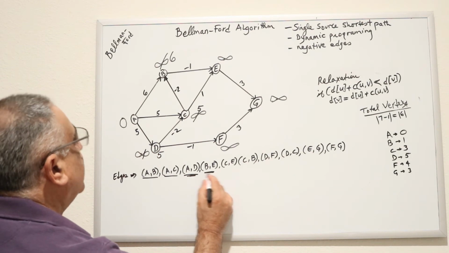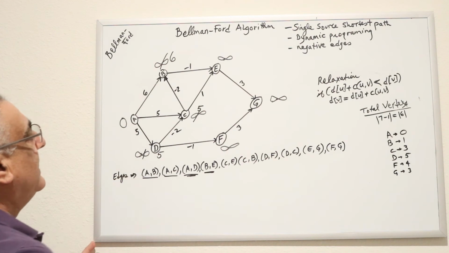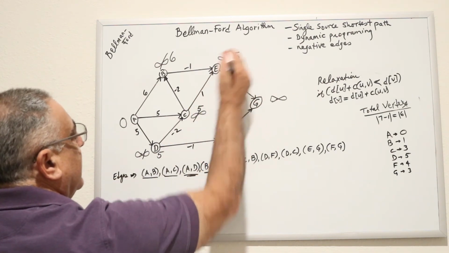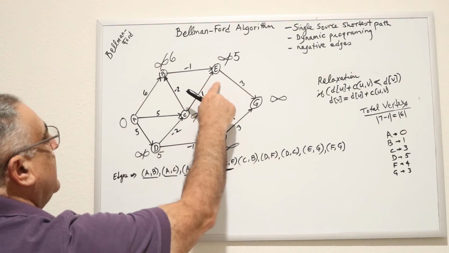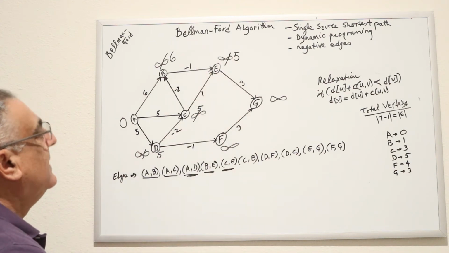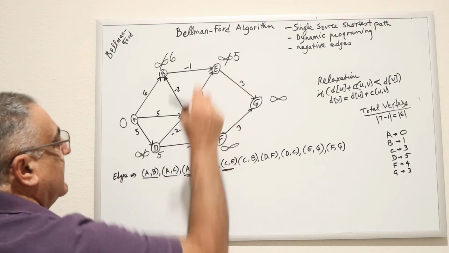Now, how about B to E? Well, B is 6 plus negative 1, so it's 5, which is less than infinity. How about C to E? I get 5 plus 1, 6. Well, leave it as it is because 5 is less than 6.